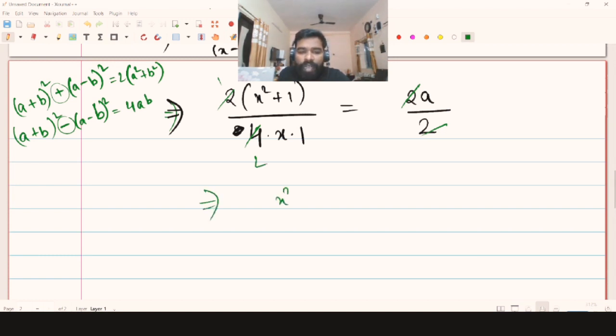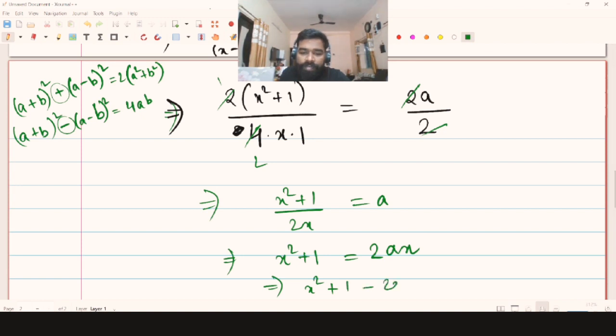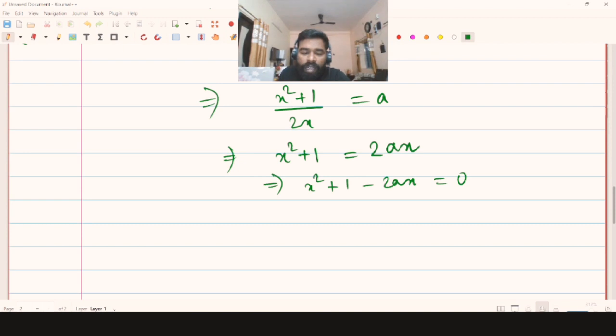So what you have, x plus 1 by 2x equal to a. If you cross this 2x, then you have 2ax, and if you bring it to the left hand side, then you have this, and this is the proof that the question is asking to be proved.